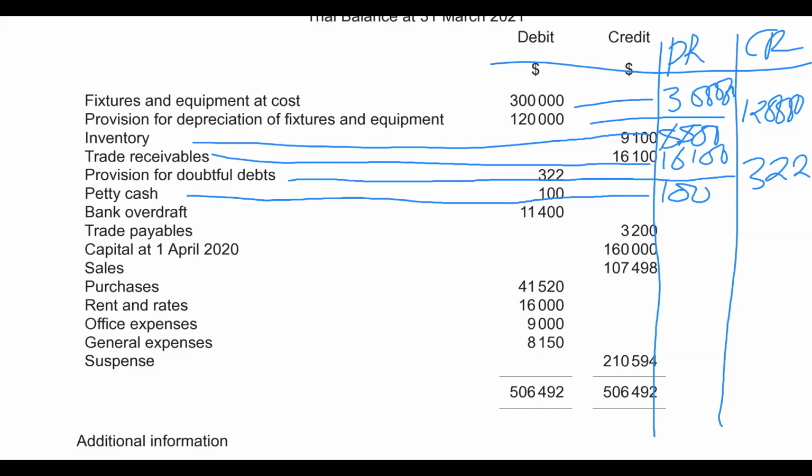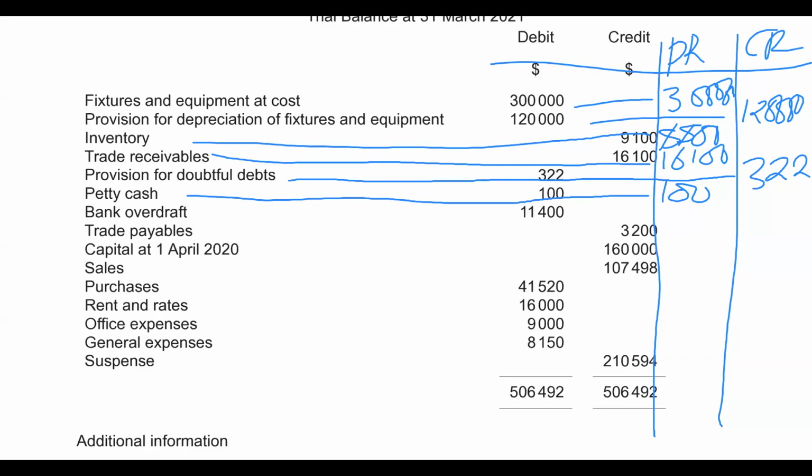Then we go to the bank overdraft. The bank overdraft of the value 11,400. Which one is the correct entry for the bank overdraft? Is it the debit entry or the credit entry? And before we go any further, what do you understand by the bank overdraft?